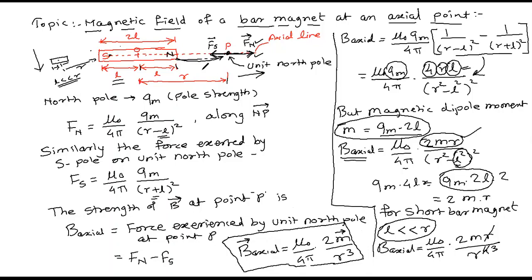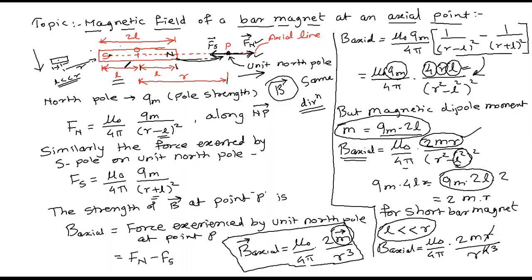So the direction of the magnetic dipole moment and the magnetic field are in the same direction.